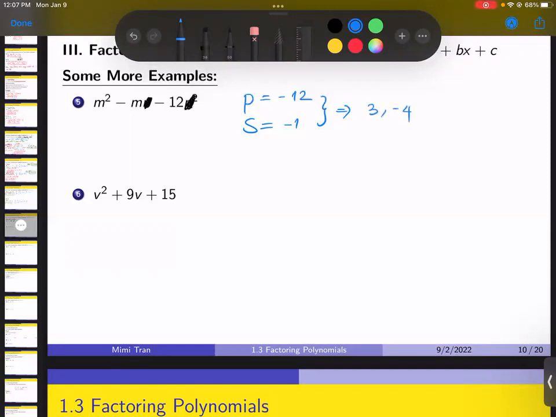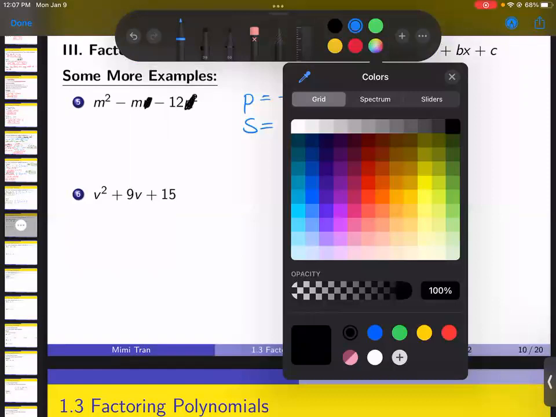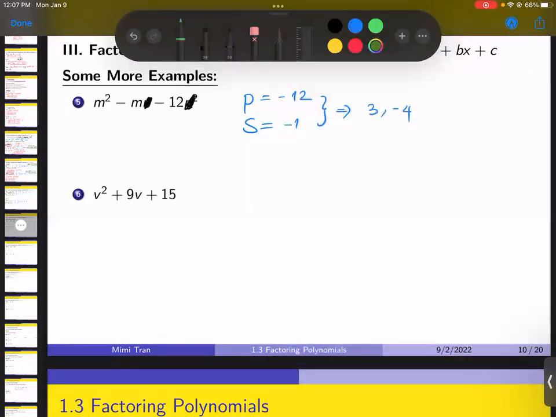So you can check, right? 3 times -4 is -12, and then 3 plus -4 is -1. So it checks. So x plus 3 times x minus 4.